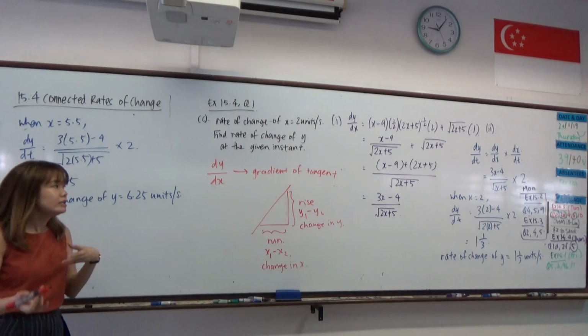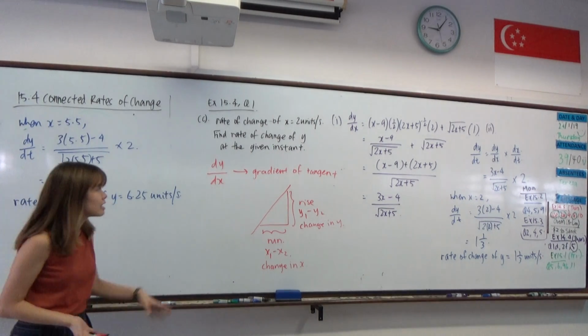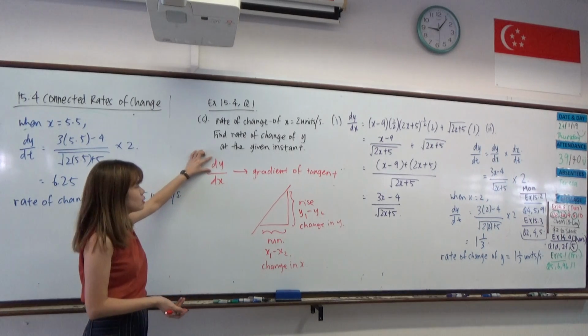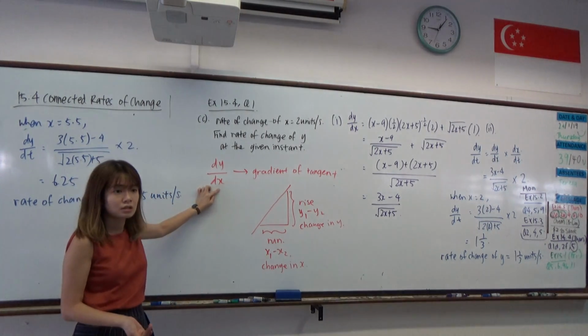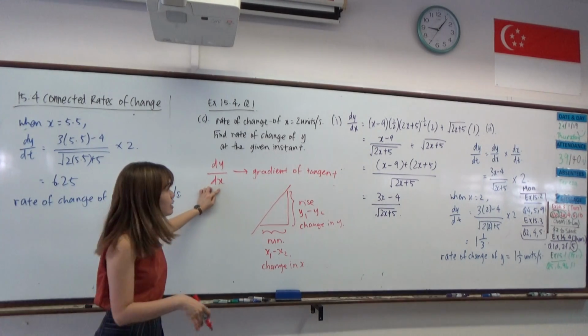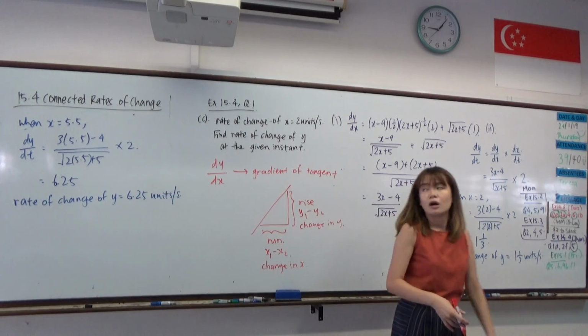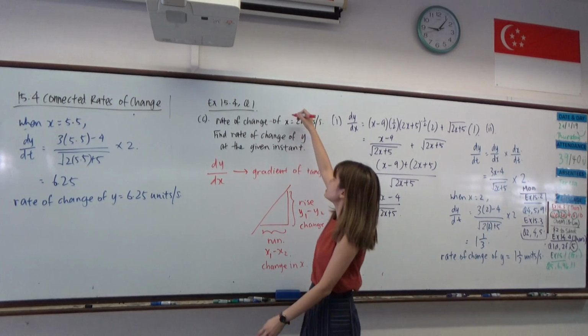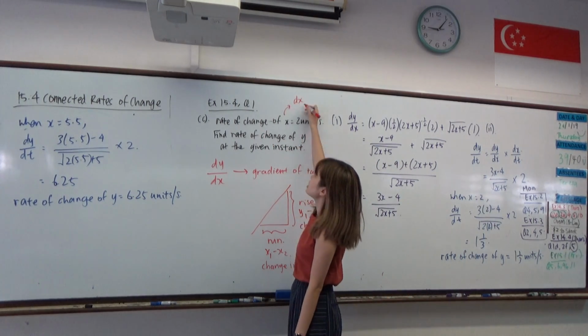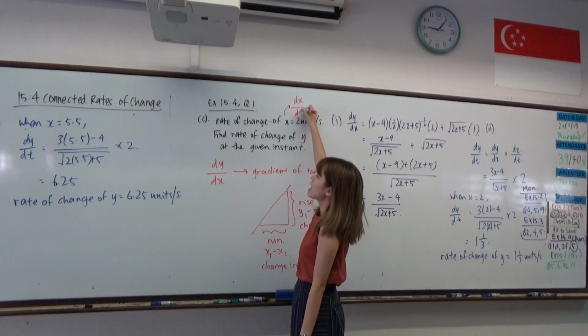Okay, so another interpretation that you can understand from a derivative is that this refers to the change in y, and this refers to the change in x. That's why in our question, when we look at the rate of change of x, this actually refers to the change in x. Rate means change in time.